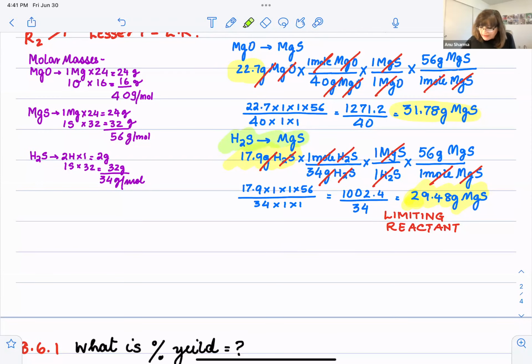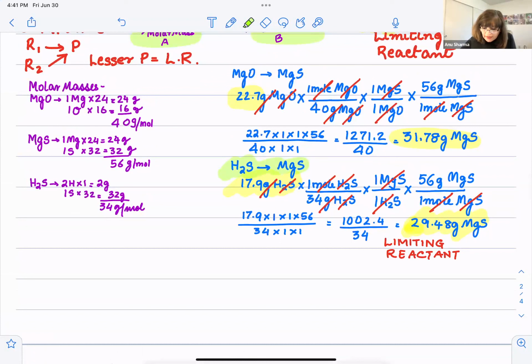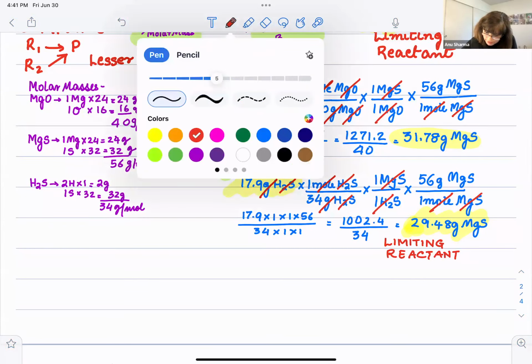Because the maximum you can get is 29.48 grams of magnesium sulfide. But the question is now the excess. So in order to produce 29.48 grams of magnesium sulfide, how much magnesium oxide is being used? So this is the question you will be asking.